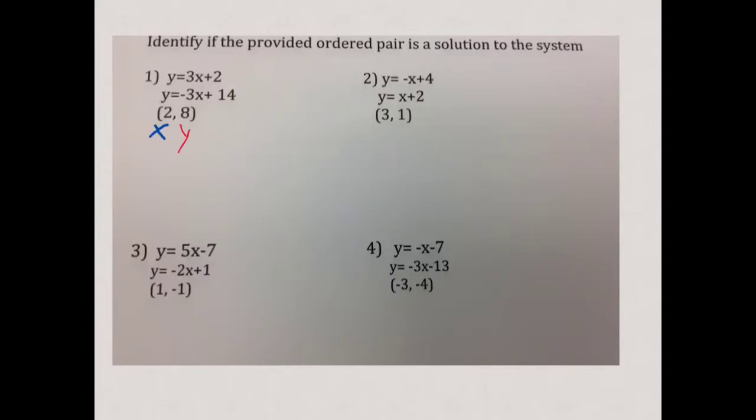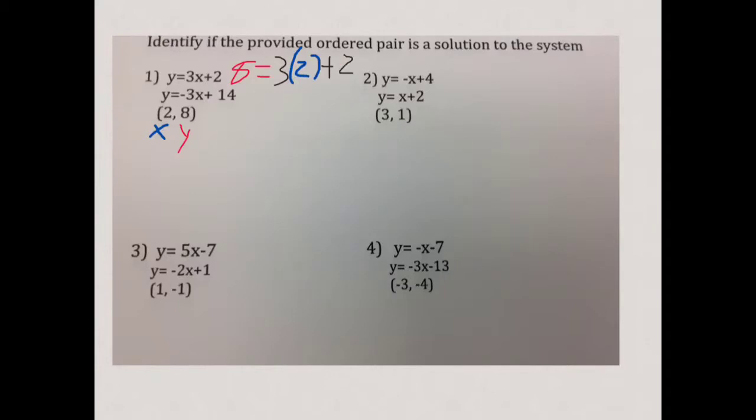If I look at the first equation, I notice that it starts with y. So let's put an 8 there. 8 is equal to 3x. Now 3x is 3 times whatever x is worth. We saw earlier that x was worth 2. So put that in parentheses, plus 2.